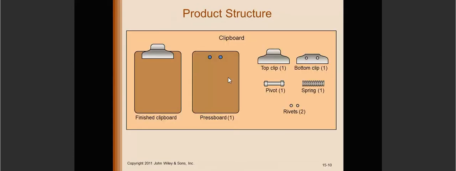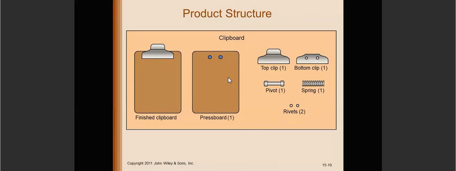So let's say we have a product structure for the clipboard, and there are a number of components needed to complete a clipboard. We have a fresh board, a top clip, a pivot, a bottom clip, one spring, and two rivets.